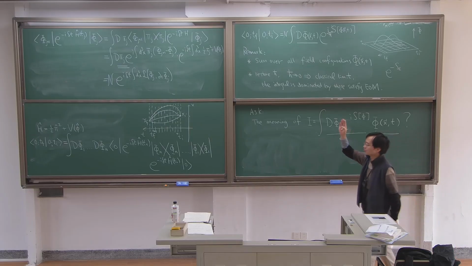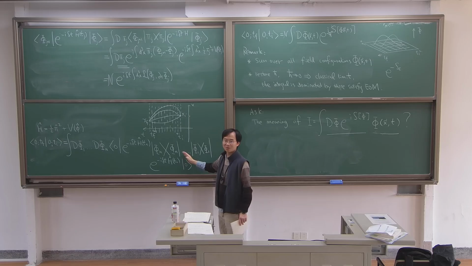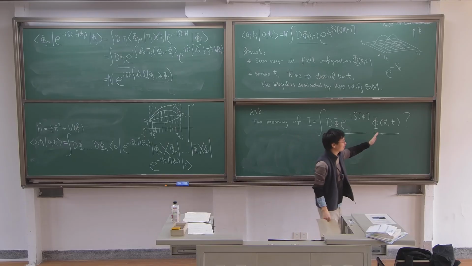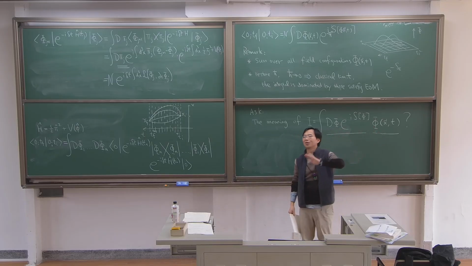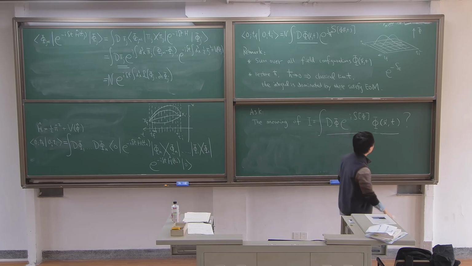Because this is my ordinary language. It seems I know the precise meaning of this kind of language, and this is my new formulation. If you ask a new question in this new formulation, I can go back to the ordinary formulation, and then I can try to answer this question.